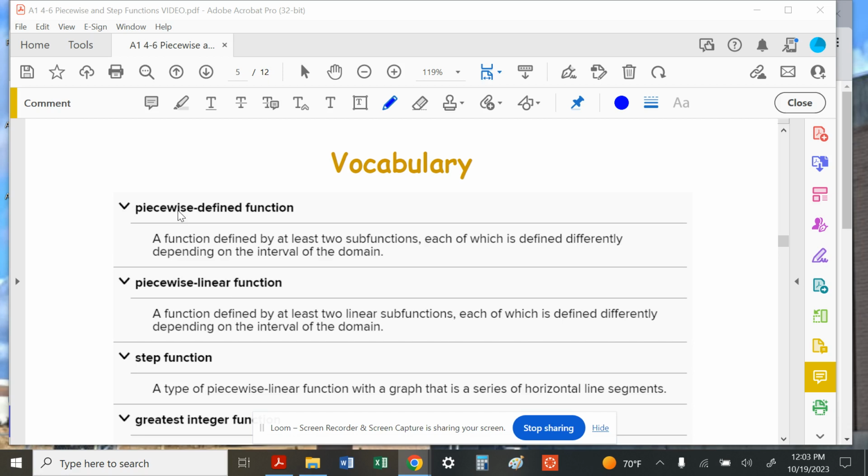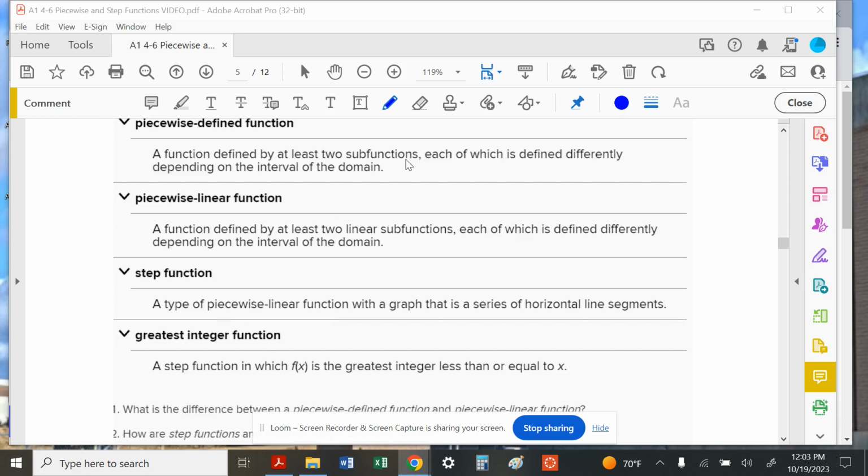It may not be for a while, but we're going to learn all those pieces. A piecewise linear function means that every single piece of the function is a straight line. A step function, as I mentioned, looks like steps. And a greatest integer function just says what is the integer value above it.